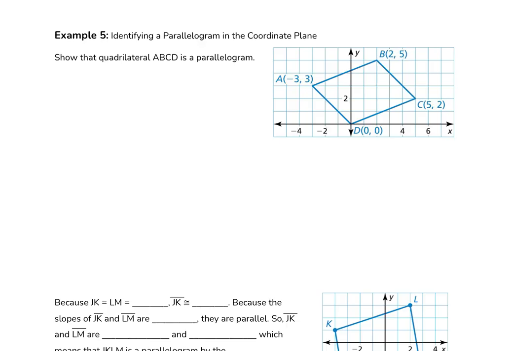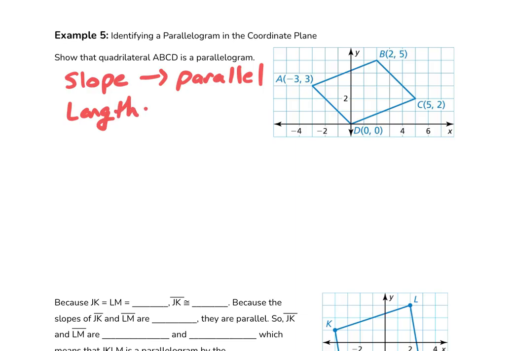Same slope. Okay, the slope must be the same. So we're going to use slope to prove parallel. If we wanted to talk about the length being the same, what would we have to use? Distance. Okay. So if we're talking about length, we're going to use the distance formula.